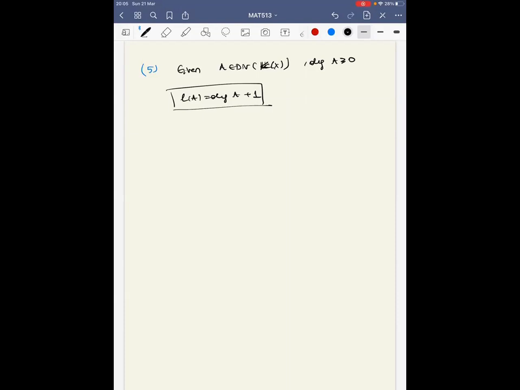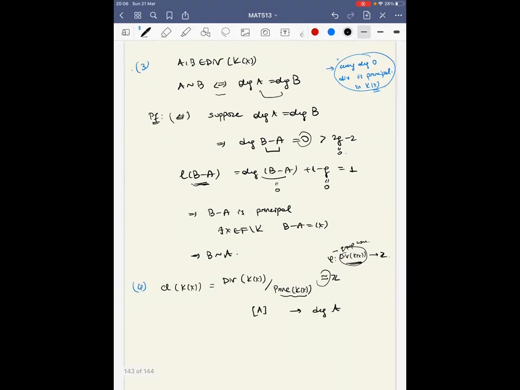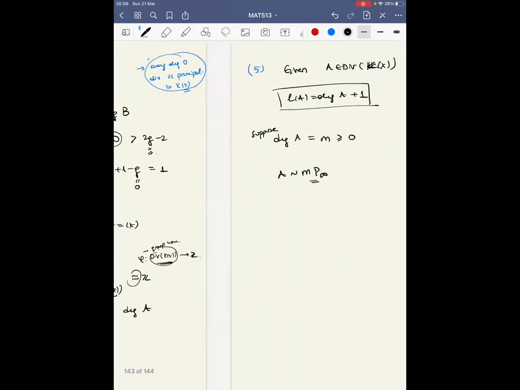Let me write, it has degree m, which is bigger than or equal to 0, then we can observe that indeed any degree m divisor is equivalent to the divisor m p infinity. Here again, p infinity is the pole divisor of x, because thanks to this observation in item 3, we know that if they have the same degree, they are equivalent to each other.